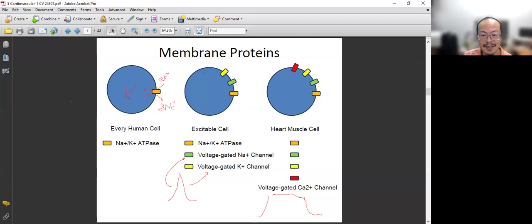It has a depolarization caused by the voltage-gated sodium channel. When it opens, sodium comes in, making depolarization. Here is the sodium.